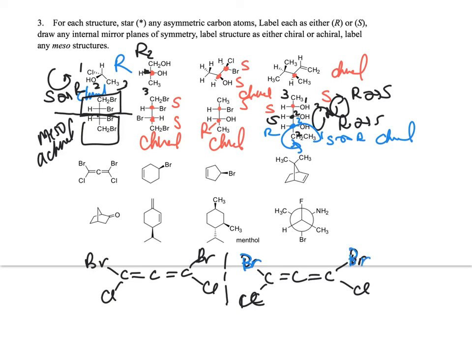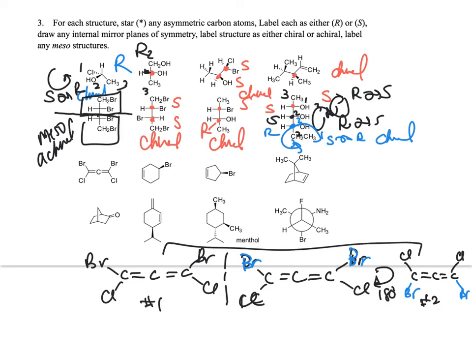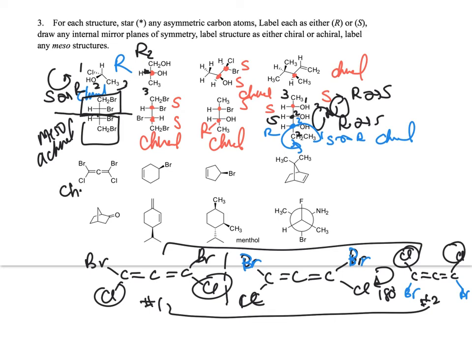What's in back for your mirror image, when you rotate it 180, comes in front. So I'm going to just draw this here. The bromines are now in front, and the chlorines are in back. Now this is our first compound, and this is our second compound, and we're going to compare these two. If you try to lay number 2 on number 1, you'll see that the chlorines here are in back and the chlorines here are in front. So these are chiral compounds right here. This is chiral.